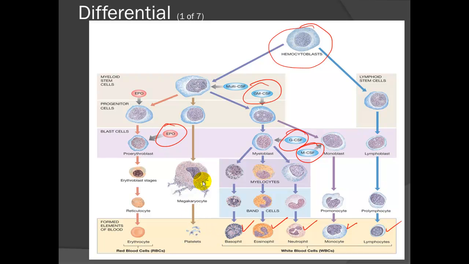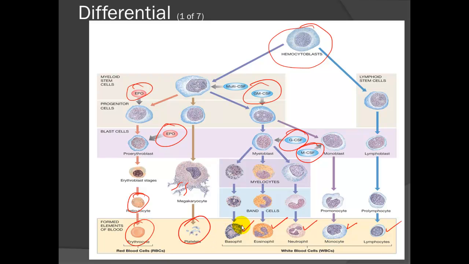This megakaryocyte, through exocytosis, or the release of its cellular material, it'll packet it up, actually gives us platelets. And then erythropoietin hormone, which was here, reticulocyte, and then red blood cell, mature red blood cell.